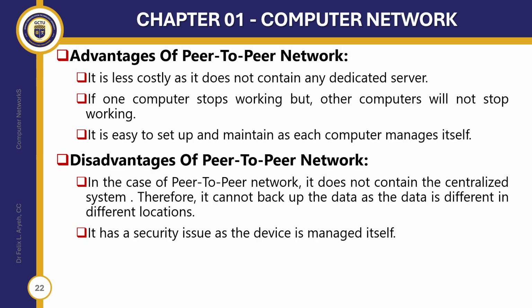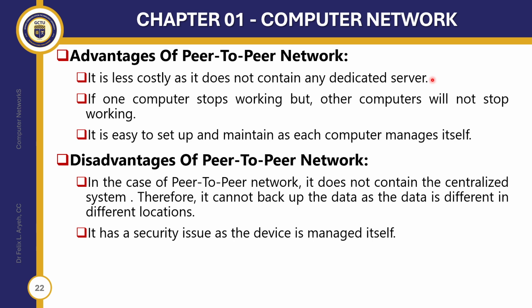Now, let me go through the advantages and the disadvantages. In terms of the advantages, it is less costly as it does not contain any dedicated server. It's not so expensive. It is easy to construct. If one computer stops working, the other computers will not stop working, of course. But if the computer that stops contains vital information, then it becomes a problem.